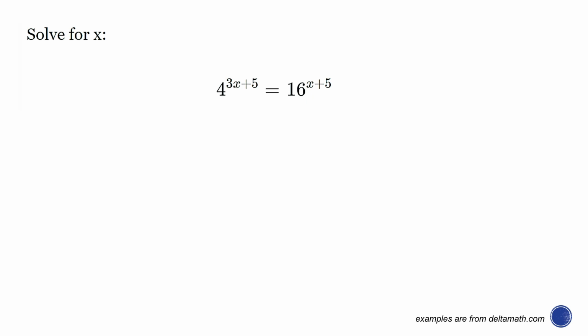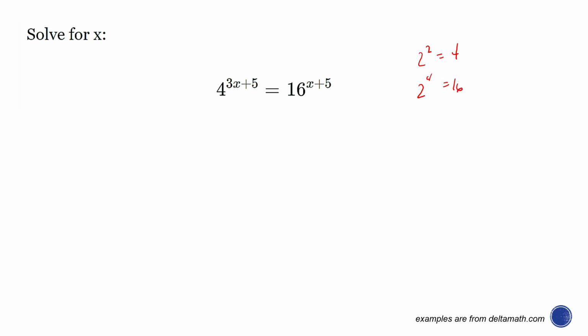You need to express either 4, 16, or both in exponential form in such a way that the bases will be the same. So say, for example, I know you're thinking 4 can be equal to 2 squared, and then 16 is the same as 2 raised to 4, right?